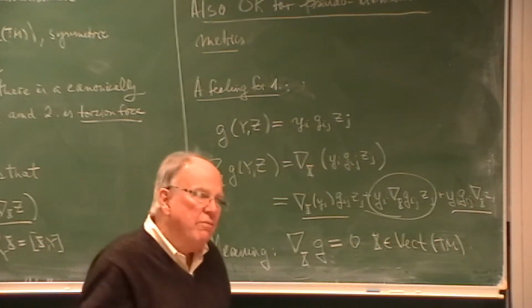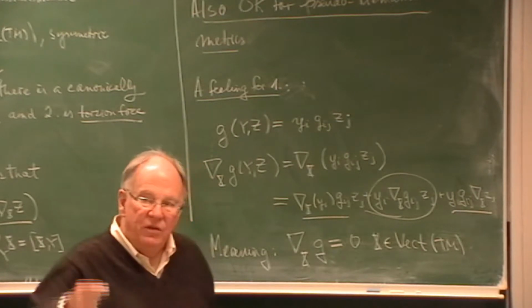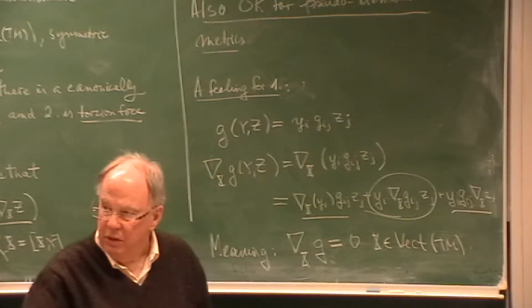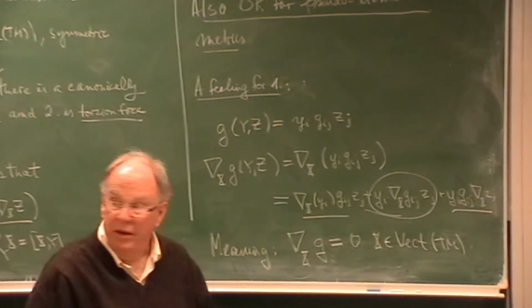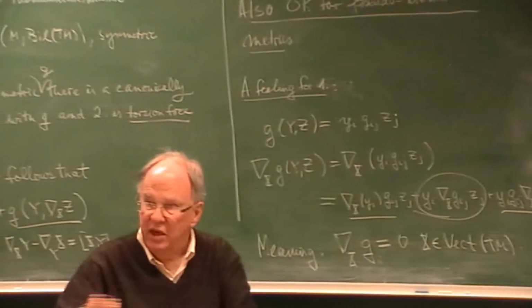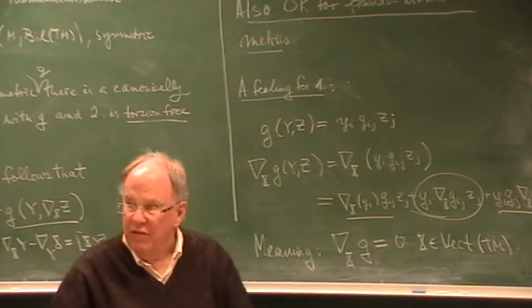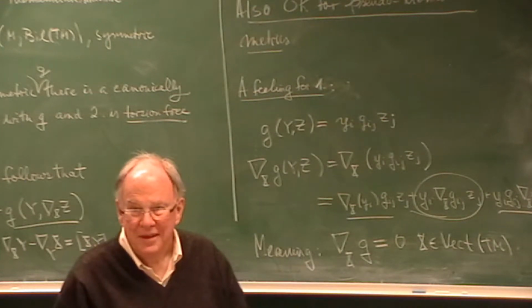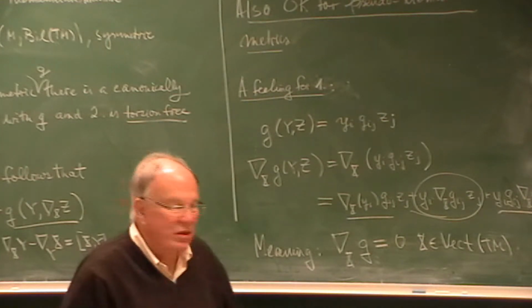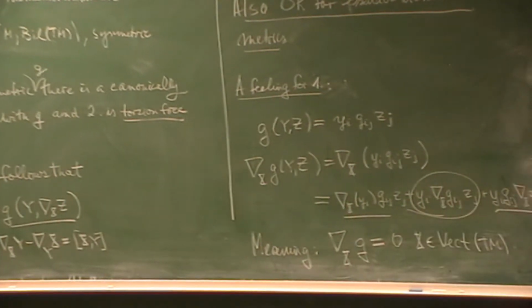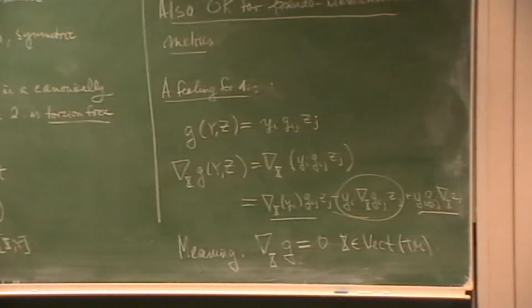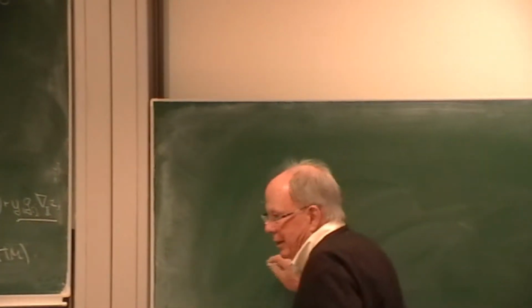I mean, come on, this can't be too bad because, again, if you have a connection on the tangent bundle, you have a connection on the dual bundle just by duality, you just write it down. And then you have a connection on any tensor product. So you have a connection on the space of bilinear forms. So you have what that thing means. I haven't talked about it yet, I will talk about it.